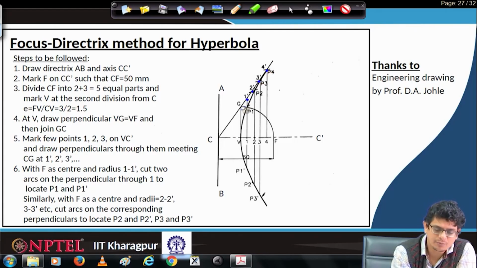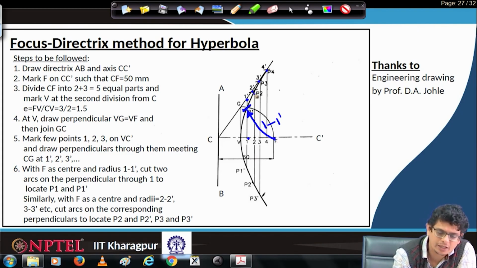Once it is done, measure 1 to 1 dash. Whatever the distance, transfer it from the focus point to cut the 1 1 dash line. So, first measure 1 1 dash, and from the focal point use a distance of 1 1 dash to make an arc.